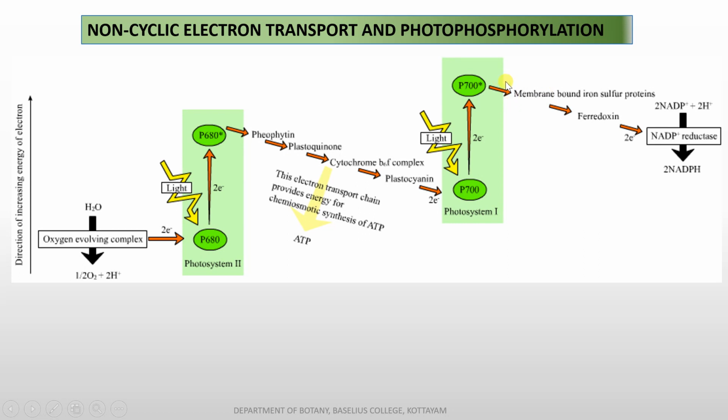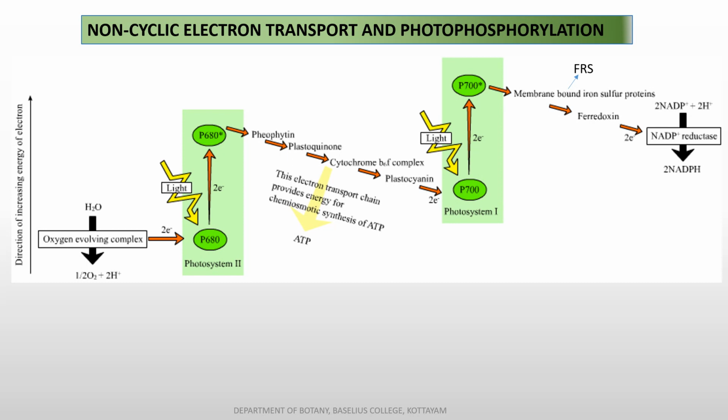According to others, there are other molecules also like A0, A1 before the iron sulfur proteins. To avoid all these confusions, I would like to represent it as ferredoxin reducing substance, FRS.